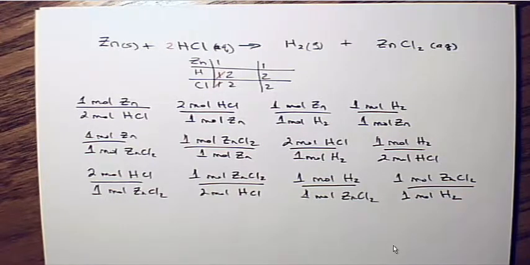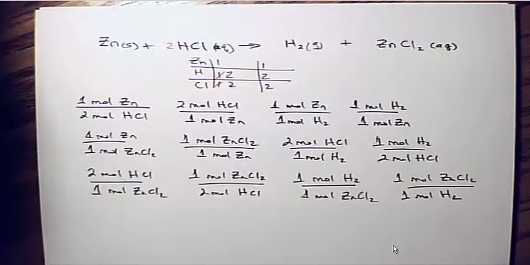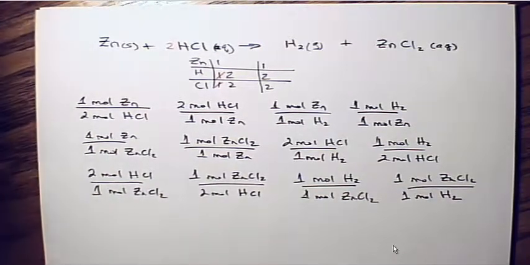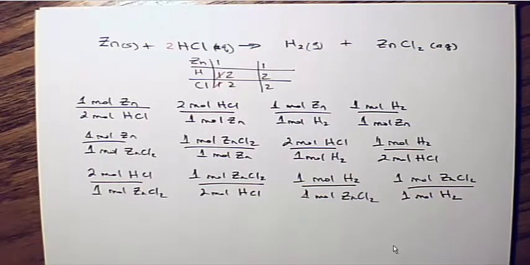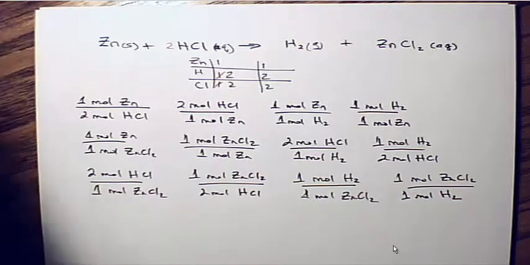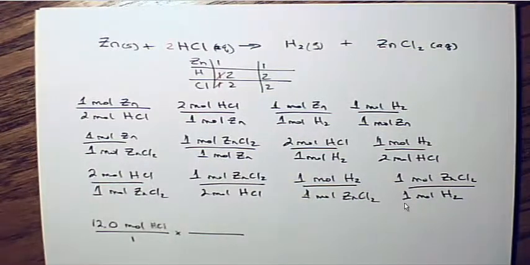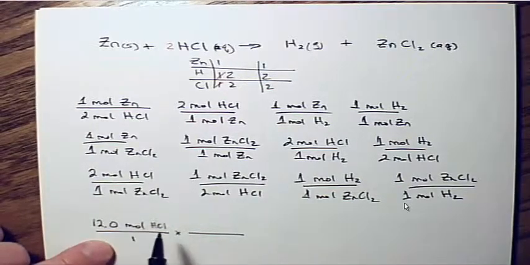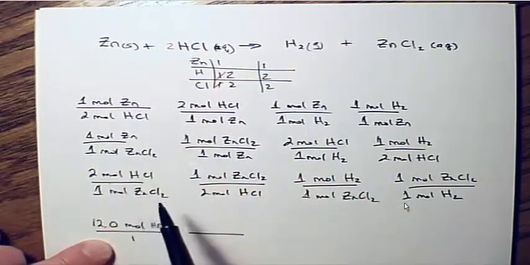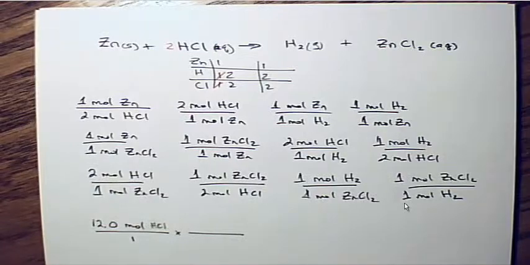And if you reviewed, as I asked you to, the process we use for solving conversion problems in this class from Unit 1, what do I do with that starting amount? How do I start with that? All right, starting amounts always go over 1, okay? And then we just need to pick out which one of these molar ratios is going to get us where we want to go. First one.